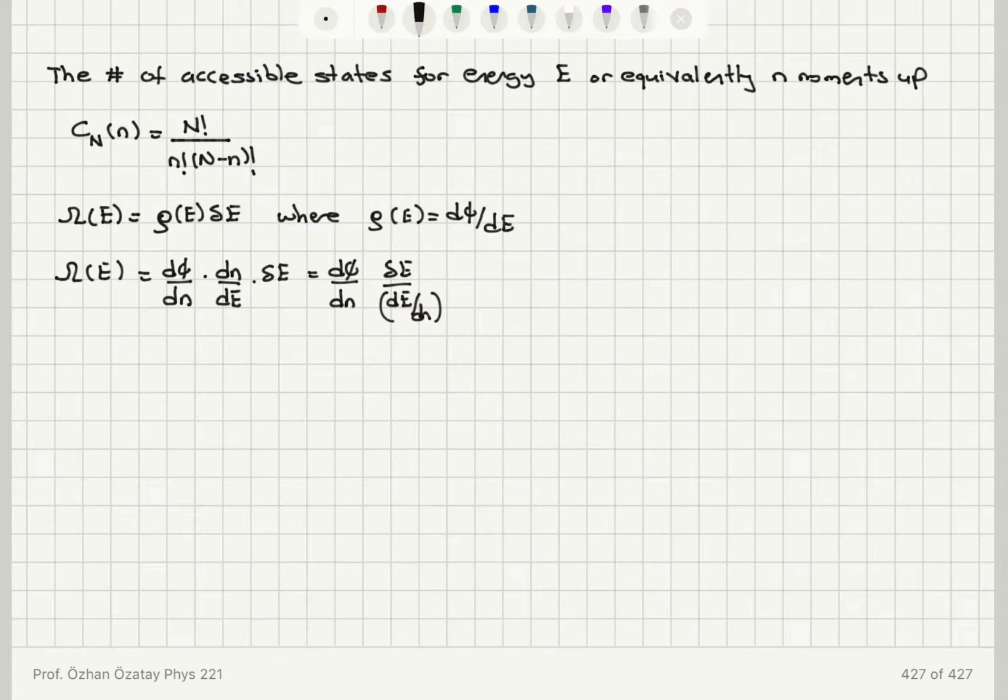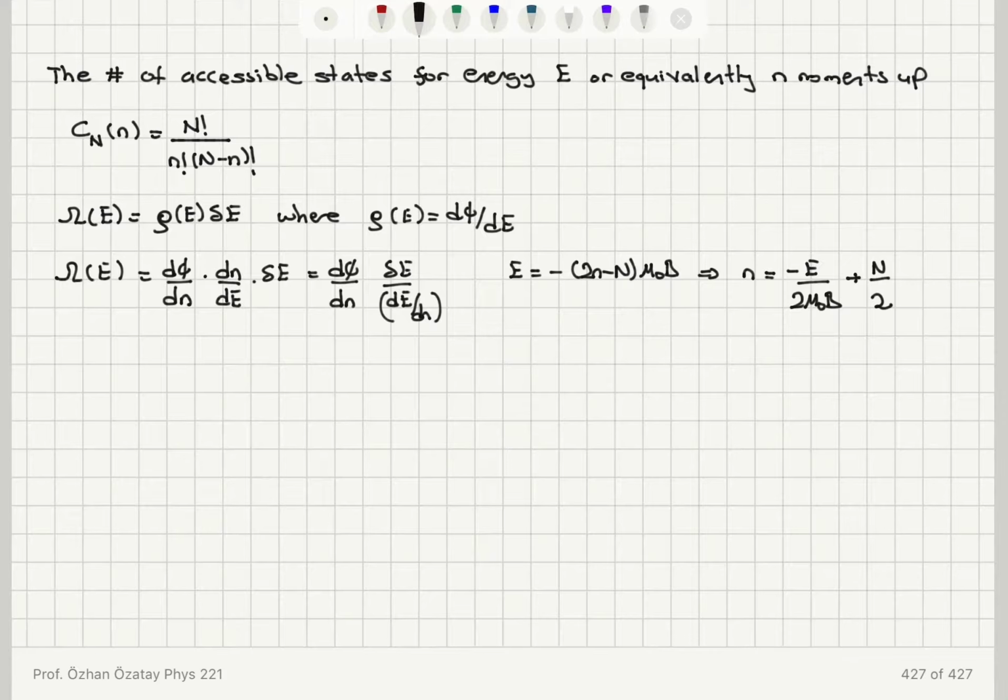So you will basically realize that since the energy of the system is minus (2n minus capital N) mu0 B, we can isolate n and write it as minus E over 2 mu0 B plus capital N over 2. So that 2n is equal to minus E over mu0 B plus capital N. So we can isolate it this way.